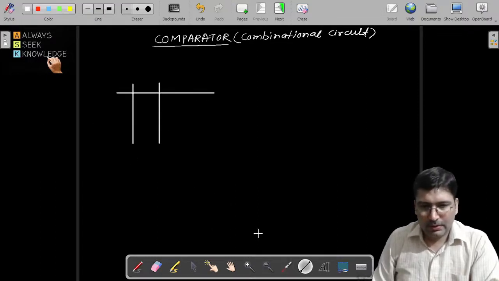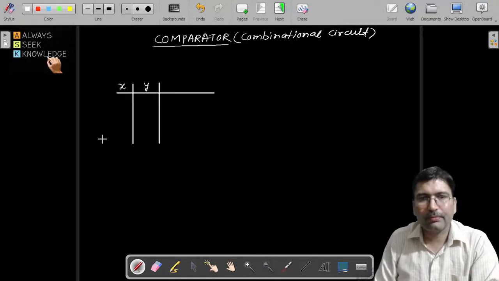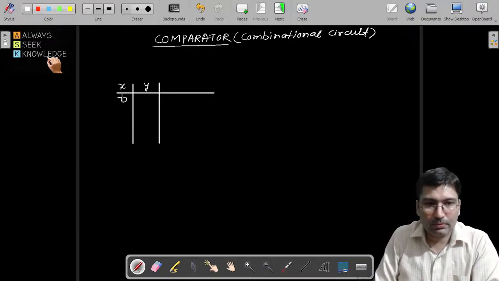Let's say there are two numbers X and Y. There'll be four combinations. In the truth table, we make 0, 0, 1, 1, 0, 1, 0, 1 kind of combinations possible, right?